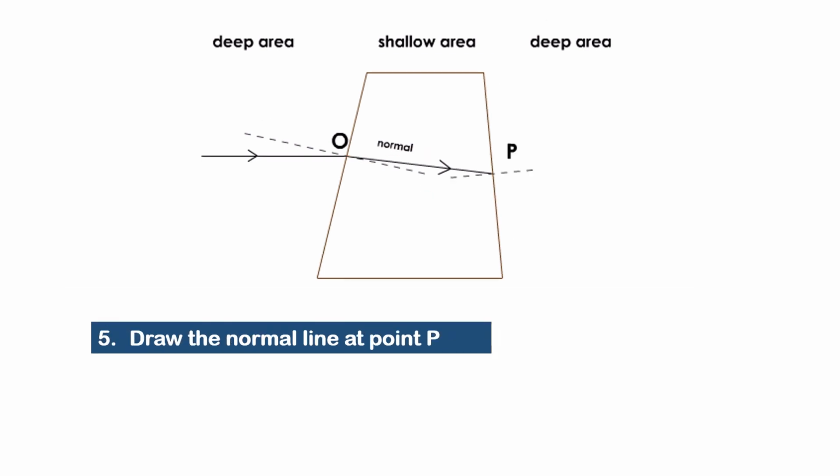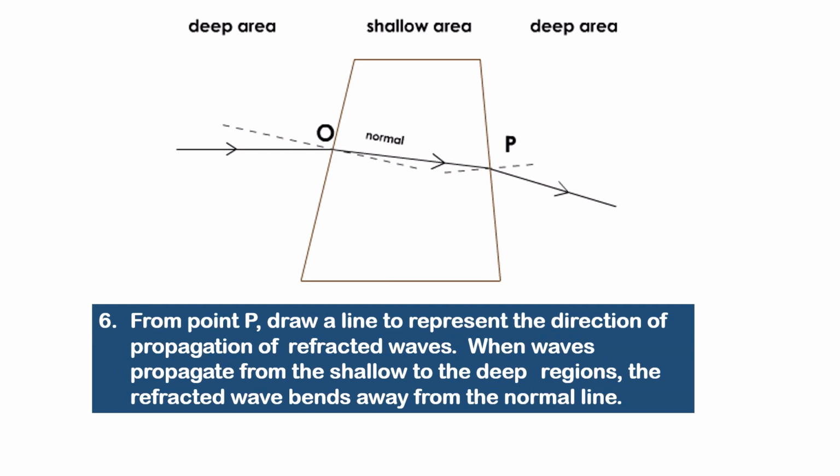Okay. Next, the wave will come to the deep area, right? So let's say we mark the point P here. Now again draw the normal line. The normal line is always perpendicular to the boundary. Then we decide that it will move from shallow to deep, so the speed will increase.